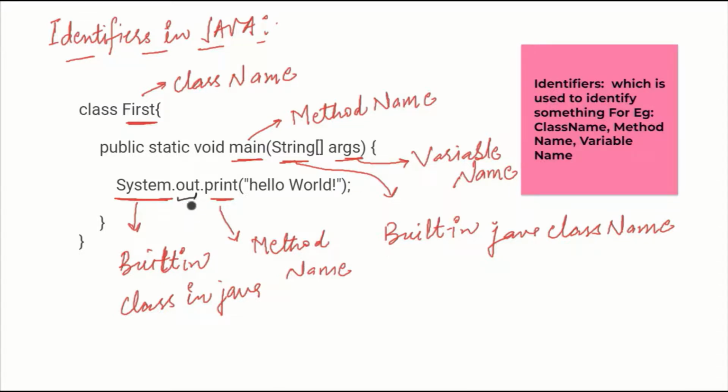Now you must be thinking, what is out? Yes, out is also an identifier, but this is a kind of built-in identifier.